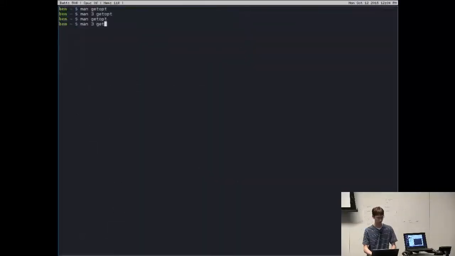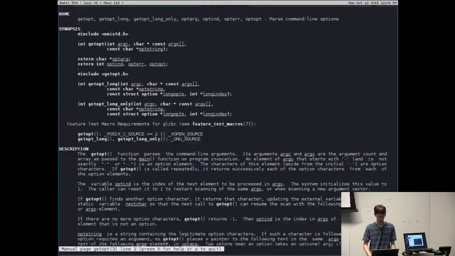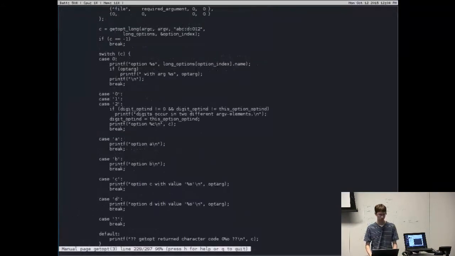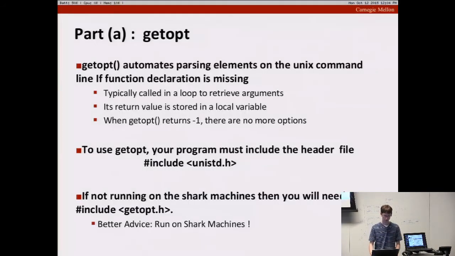To get a standard library function, it's man 3. And this tells us all about what getopt takes, its arguments, and how to use it. It has an example at the bottom, which is really useful. So this is what you should read if you want to learn more about getopt. You should probably be doing this on the Shark machines. As always, it's the best way to do it.